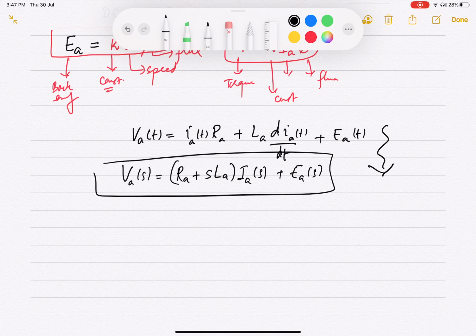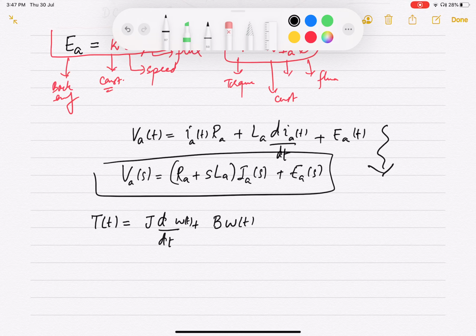The torque of the motor would basically be equal to the moment of inertia times the angular acceleration, which is a single derivative, plus the coefficient of viscous friction times the angular velocity.